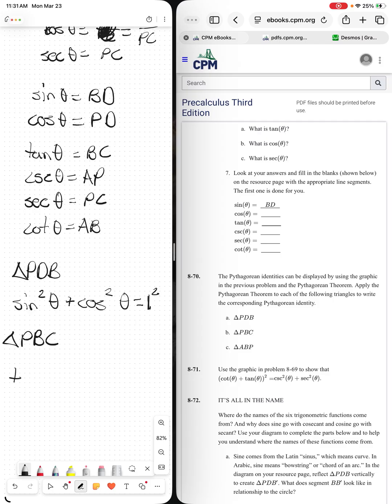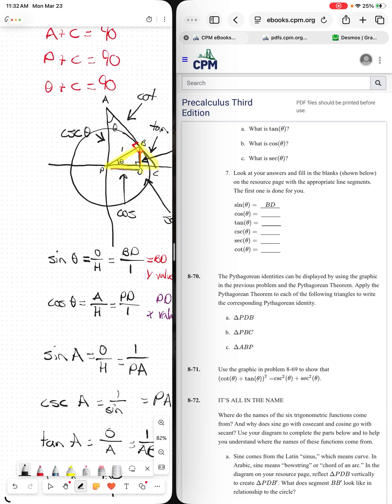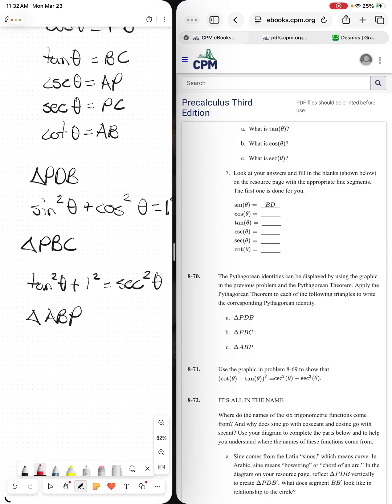And then the last one, triangle ABP. We're talking about this one. So this is 1 squared plus cotangent squared equals cosecant squared.